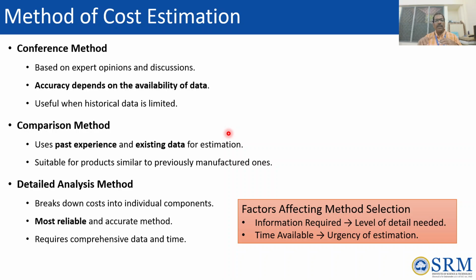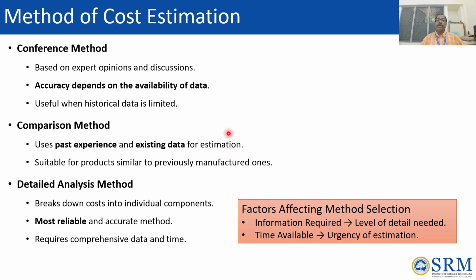You need a breakdown, like what kind of processor, what kind of RAM, how much memory, what kind of camera, whether front camera or back camera, and what the display panel is, what the size is. If you have such detailed information, then accordingly you can prepare the method. Or if you have only limited information, you have to choose some other method, like the conference method or comparison method.